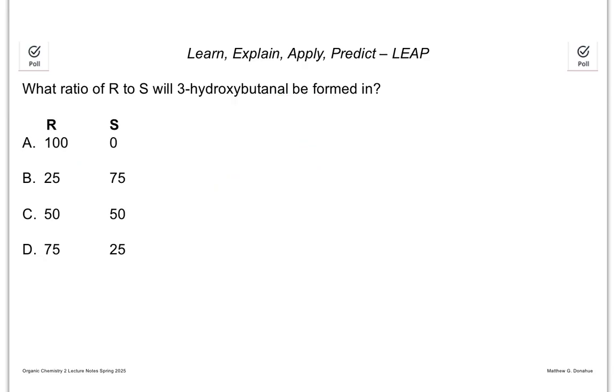So the next question is, those are the 2 enantiomers. What ratio would they be formed in?